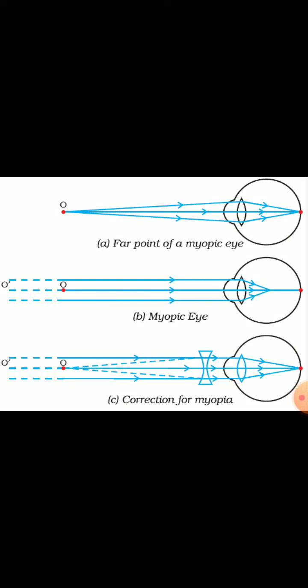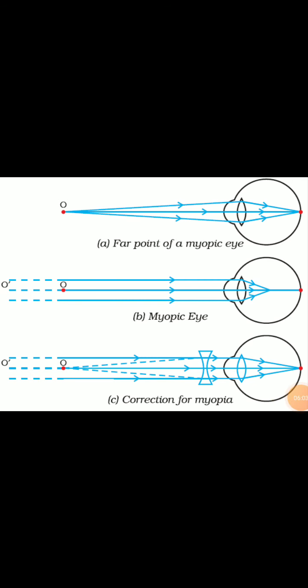In the figure, you can see the three figures. Refer to figure B, myopic eye. Here we can clearly see that the image is formed in front of the retina. Actually, where should it be formed? On the retina. But for a myopic eye, it is formed in front of the retina.